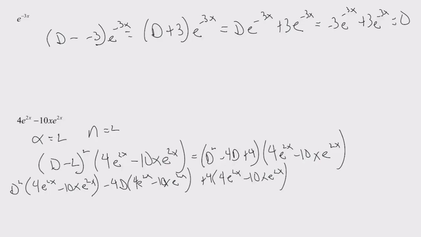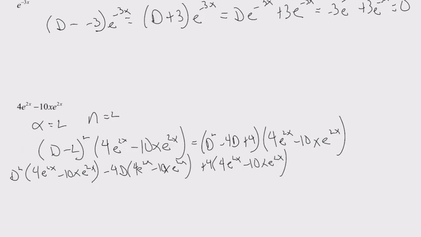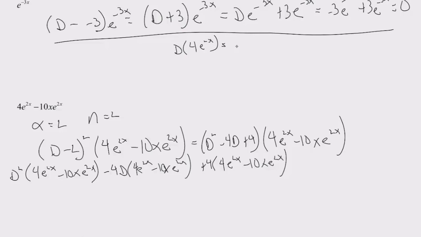All right, so I have to take the second derivative. I can see I'm going to have to do a couple of derivatives here, so I'm going to take advantage of the empty space up top. I want d of 4e to the 2x, which is 8e to the 2x, and then d squared of that same expression.